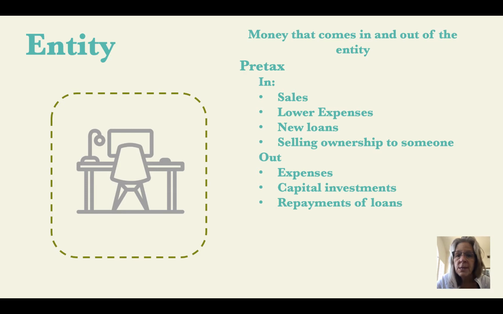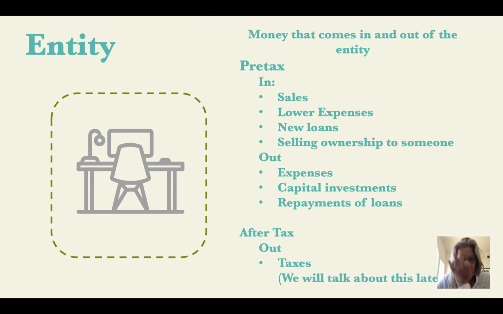New loans are also an inflow, and selling ownership to somebody would also be an in. If you're selling not just a product but a particular capital expenditure, like a piece of machinery, that would also be an in. The outs are increased expenses, any kind of capital investment that you make, and a repayment of loan.